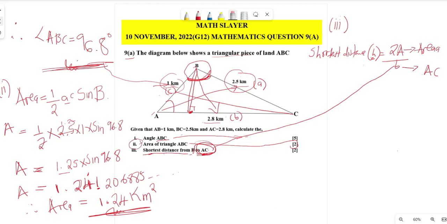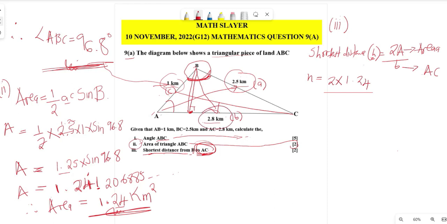So now let's enjoy our calculation. We are going to have shortest distance, which is H, is equal to 2 times our area, which is 1.24, everything divided by AC, which is 2.8 kilometers.